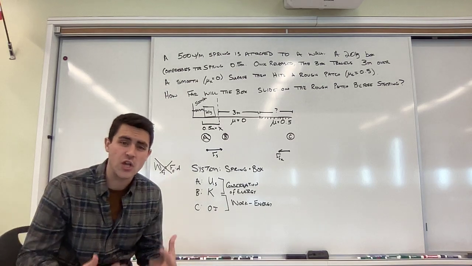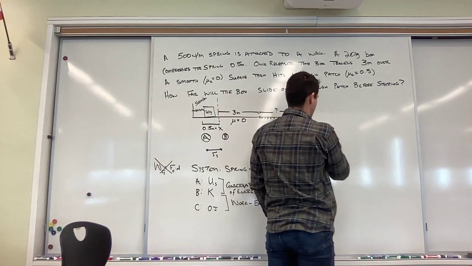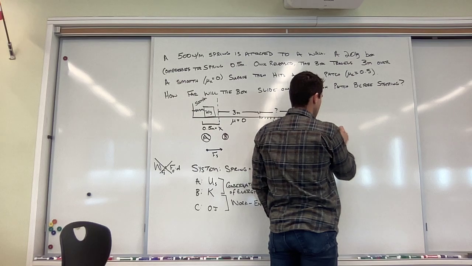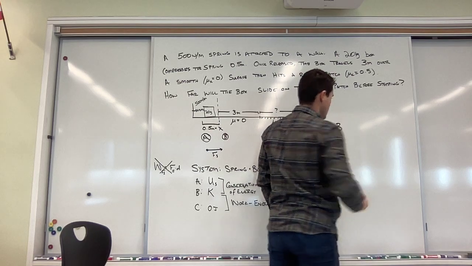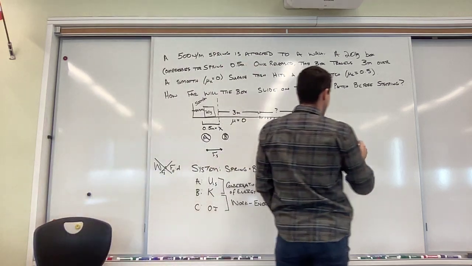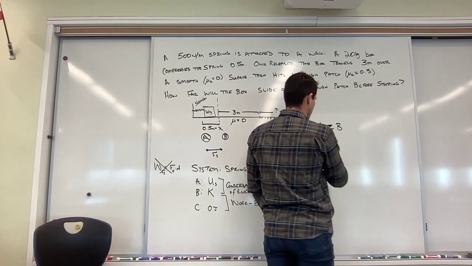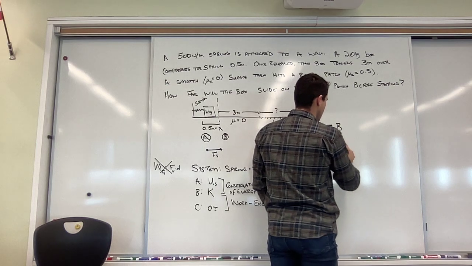So I can start to generate an equation. I can go ahead and say, well, the energy at point A is equal to the energy at point B here. So the US initially is equal to the kinetic energy.